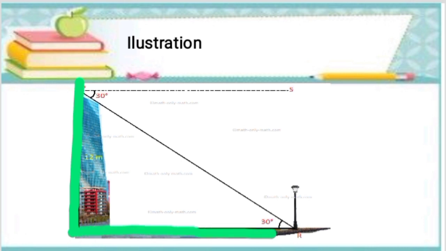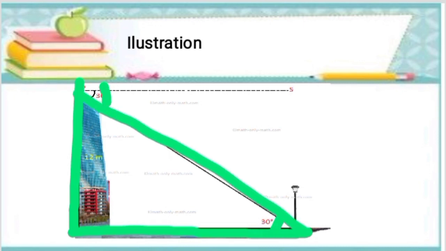The distance between the observer and the object, and this is our angle of elevation and angle of depression. Since we tackled angle of depression, let's focus here.